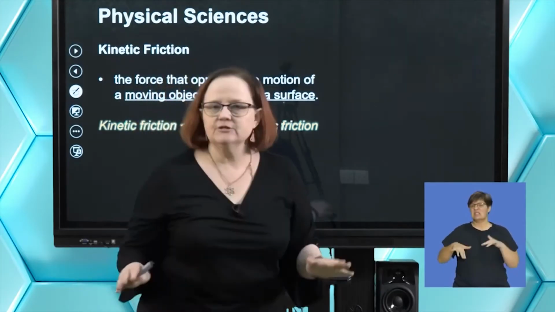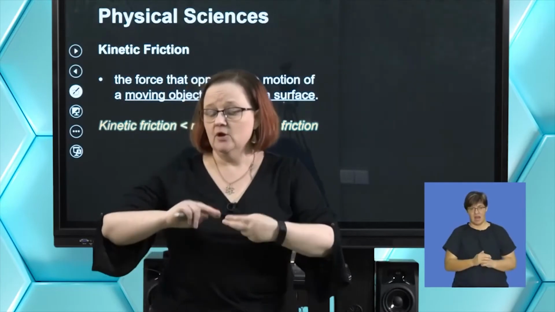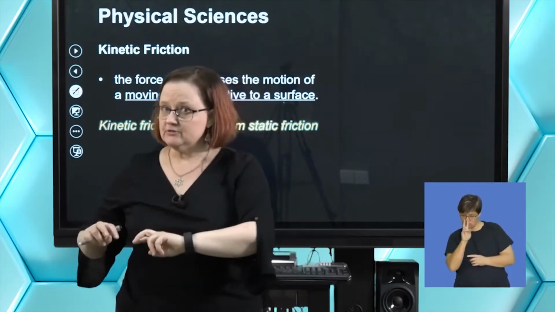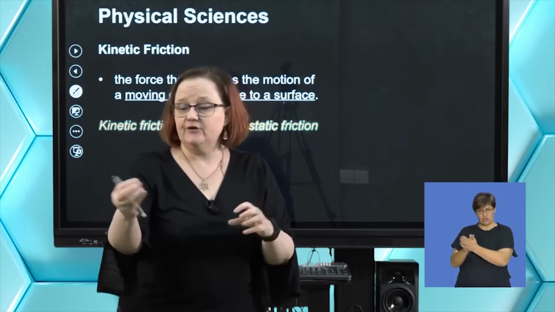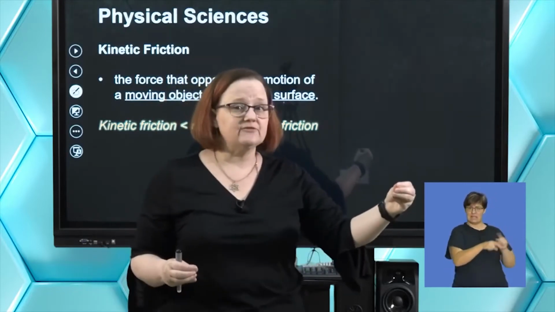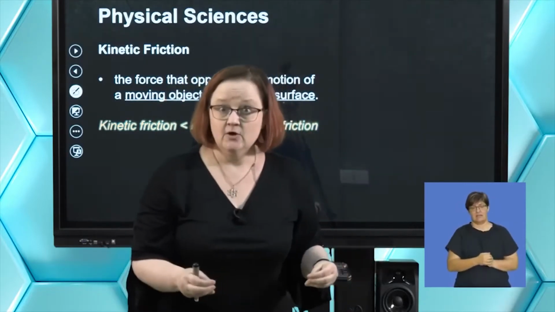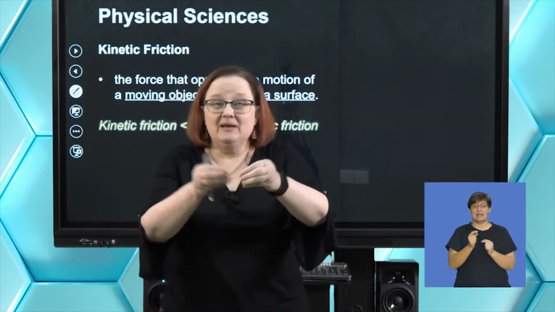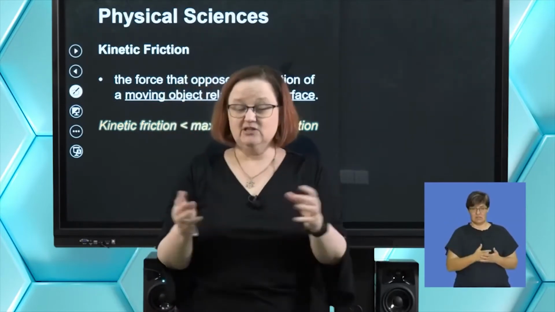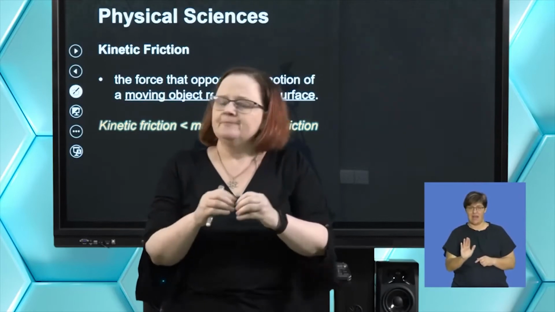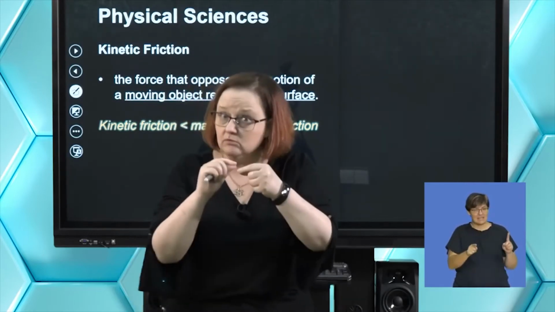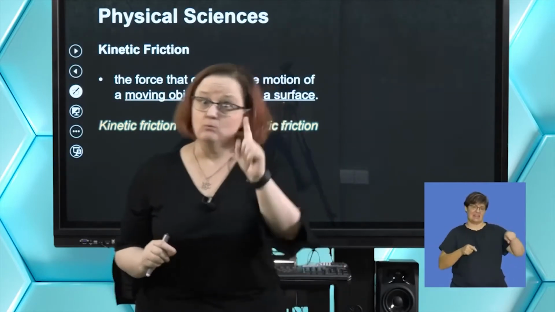There will be no situation where it's the other way around. So if you're looking at calculations and you work out the kinetic friction to be bigger than the maximum static friction, you've made a mistake, okay? It doesn't always have to be a big difference, like we saw in the animation, it was about 30 newtons. It doesn't have to be big, it can be small, but it must be a difference, okay? They will never be the same.